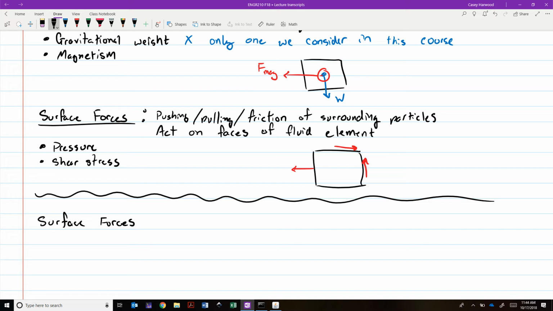Surface forces. We'll say that surface forces are described using a stress tensor.